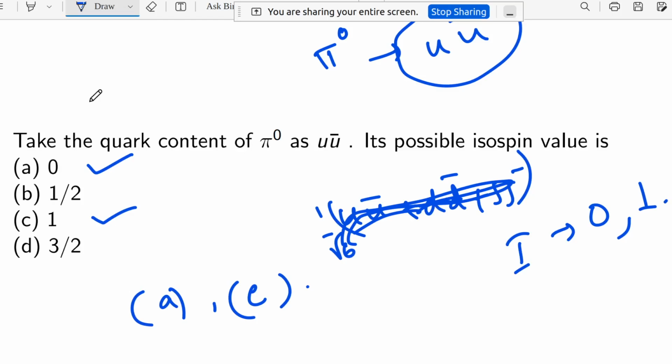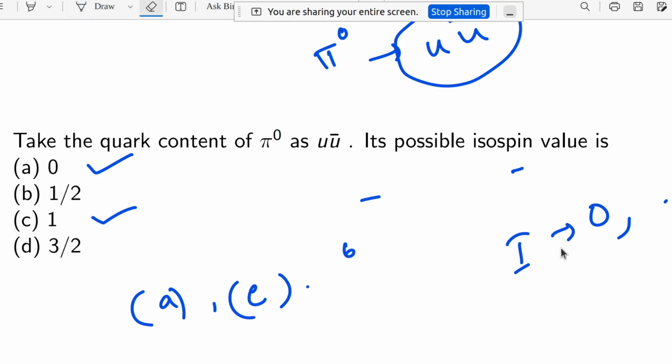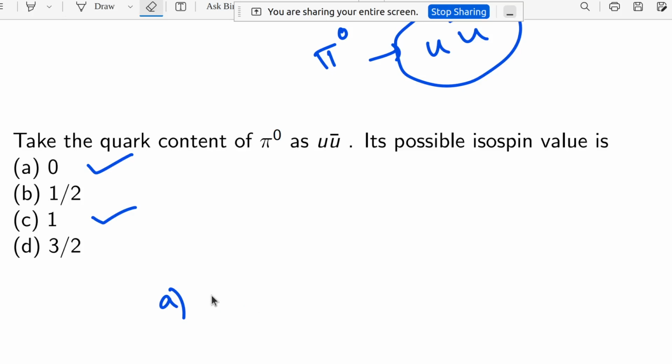Okay, fine, no problem. So here take the quark content of pi 0 as u ubar. Its possible isospin value is what? Let me clear these things first. I have already written the answer here, so let me clear that one first. The quark content of pi 0 is u ubar. They are asking what will be the possible isospin value.